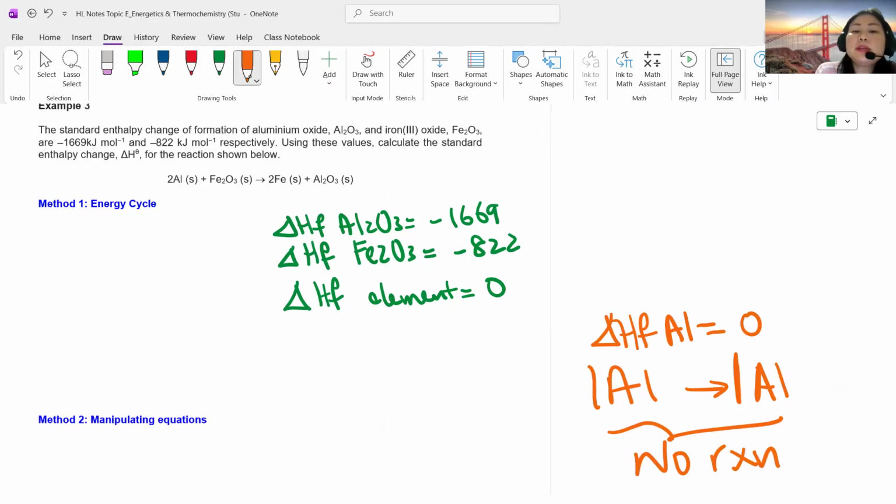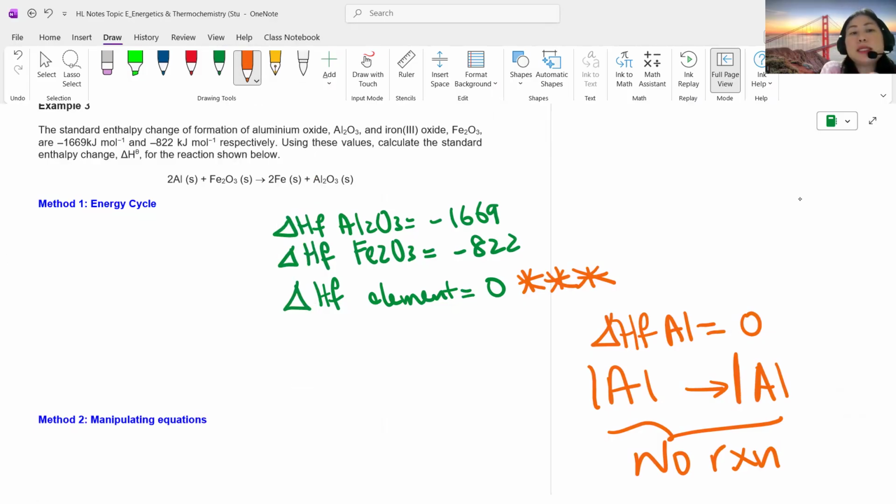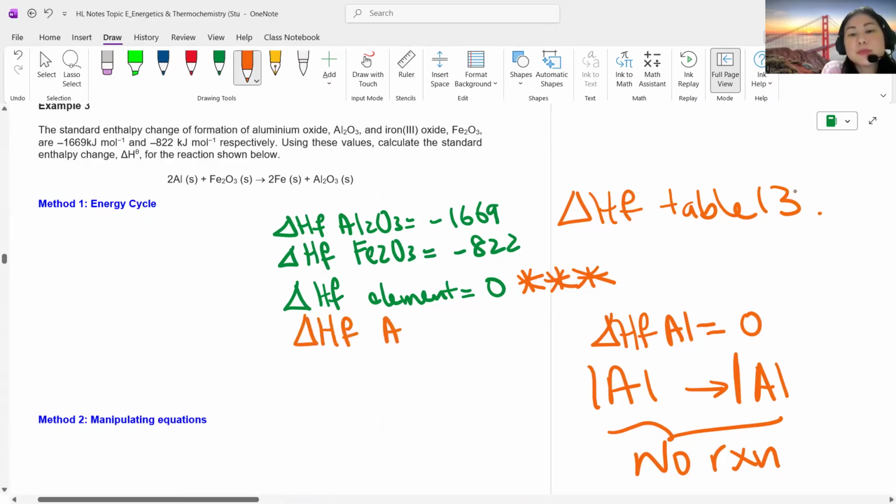Many students will forget that ΔH of an element is 0. You will not be able to find it in the data booklet. The ΔHf values are in table 13 of the data booklet, but you will not find elements inside. So in this question, aluminium ΔHf is 0. And the same for iron.